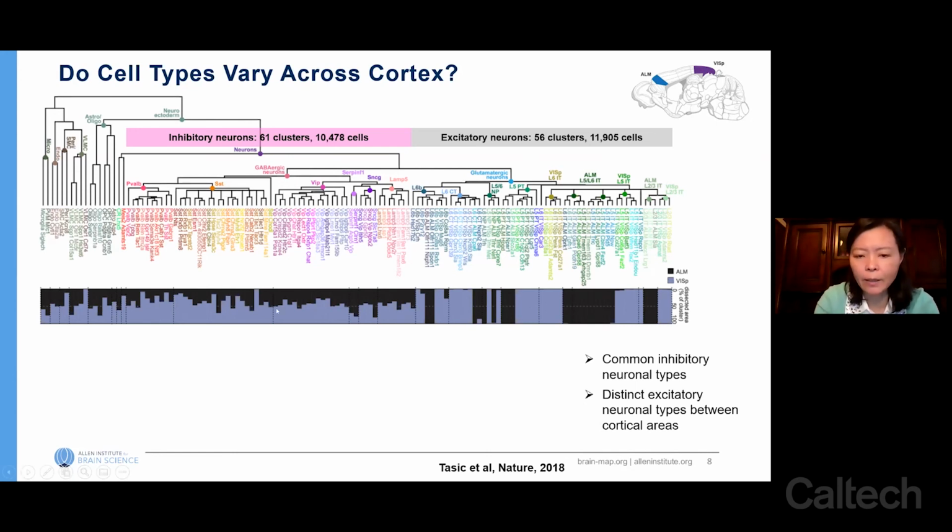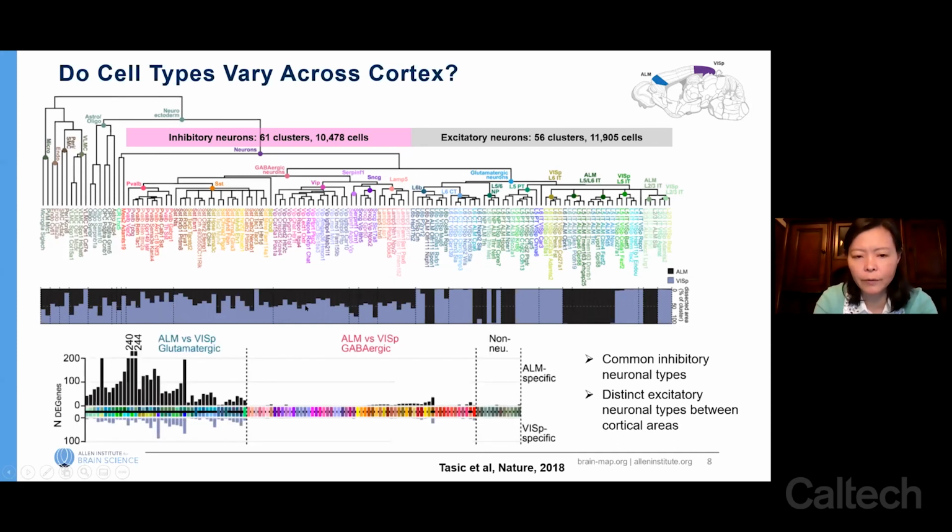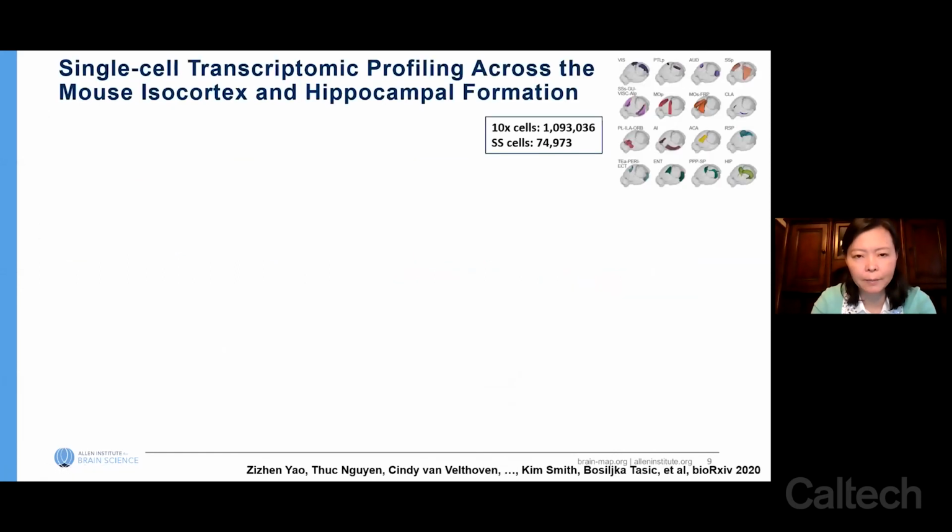This is reflected not only in the distribution of the cells from those 2 different regions, but also in the number of differentially expressed genes from those different regions in homologous or same types. So that was the finding from 2 cortical areas.